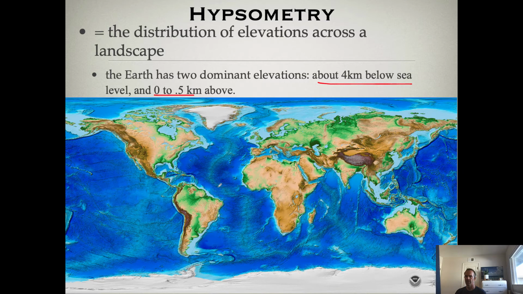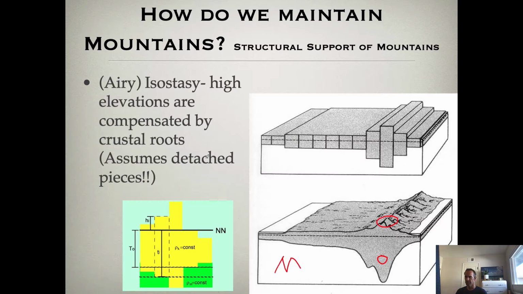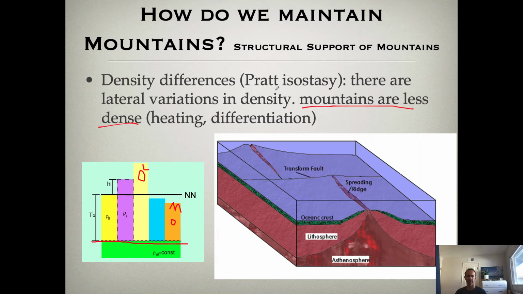You have a little mountain range in the middle of the Atlantic. And then as you move away, it gets deeper and deeper, lower and lower. One of the primary reasons for that is that the crust cools as it moves away from its formation spot at the mid-ocean ridges, and therefore it sinks a little bit lower. That would be related to this Pratt isostasy.